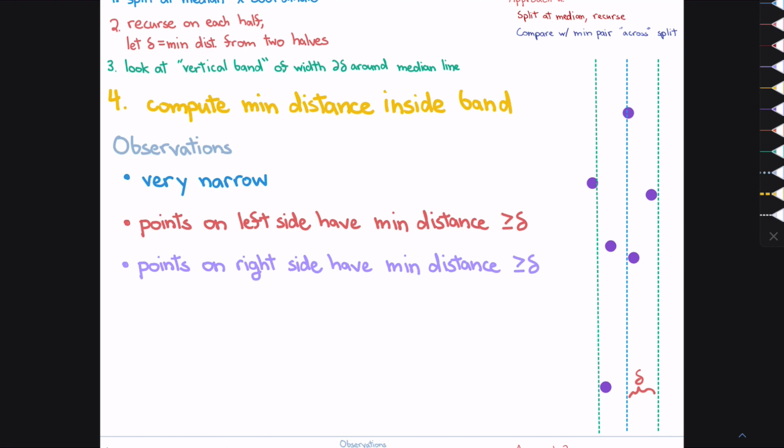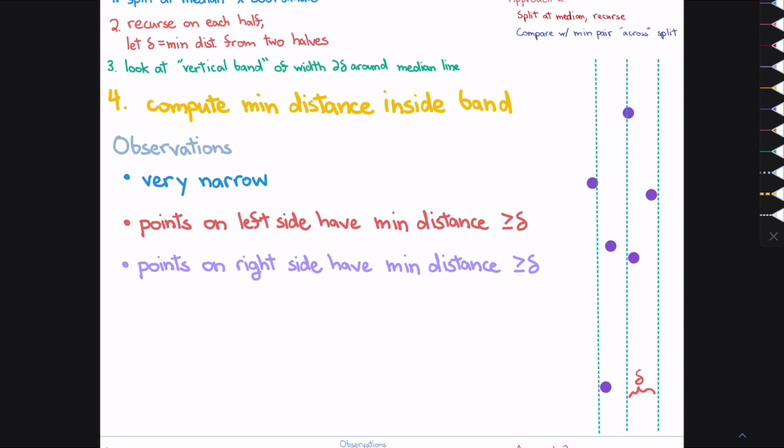So I'm looking for this minimum distance within a width of delta, and I know everything is delta far apart on one side or the other of the blue. So there's some kind of constrained volume argument going on here, where you can only fit in so many points, at least in a fixed vertical segment.